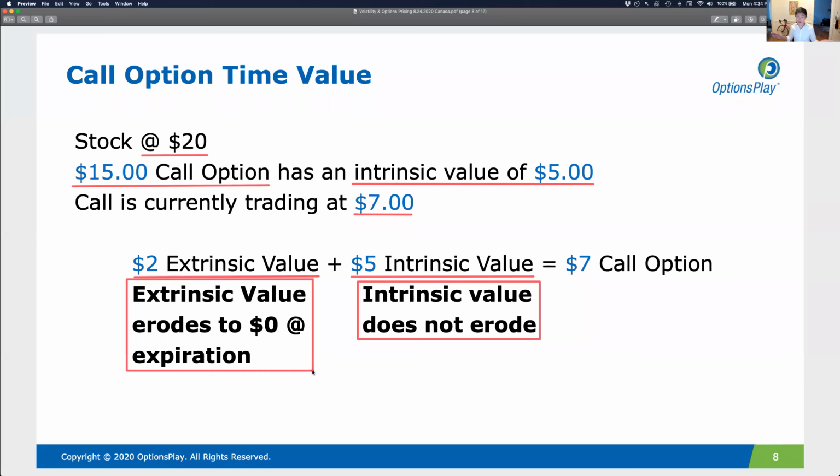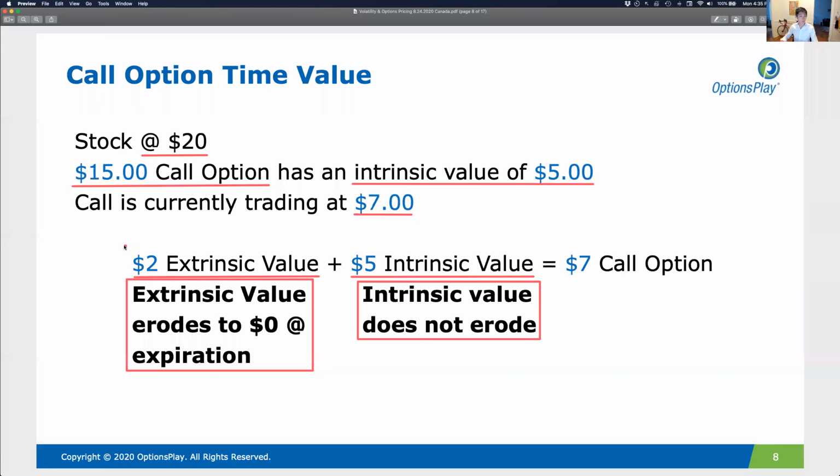At expiration, whatever extrinsic value an option has will evaporate completely and be down to zero. Whatever intrinsic value is left, that is what the call option will be worth at expiration. So if the stock price minus strike price is a positive number, that's the intrinsic value that's left at expiration. Everything else as far as extrinsic valuation will erode to zero.